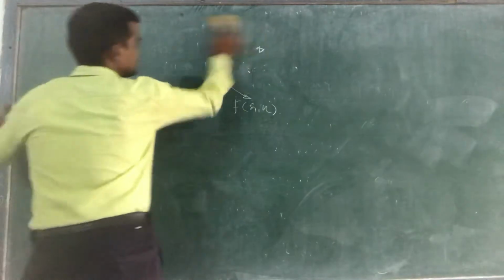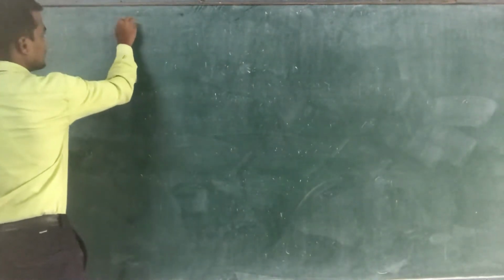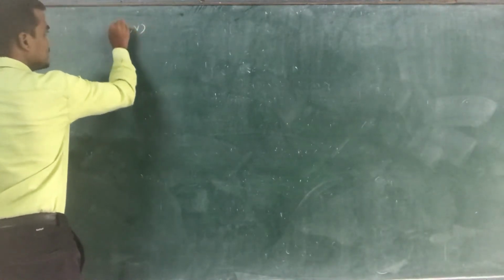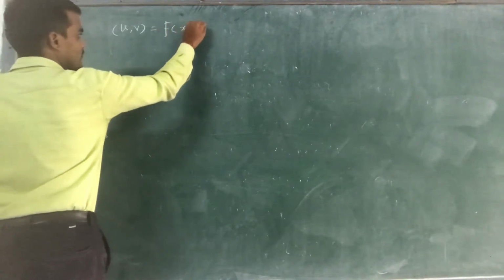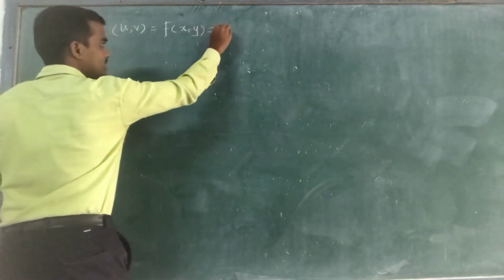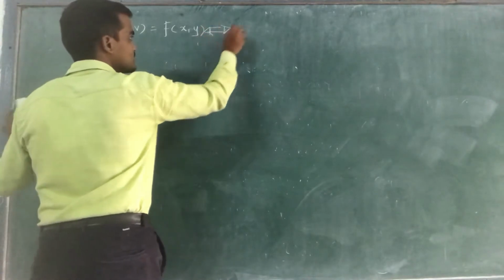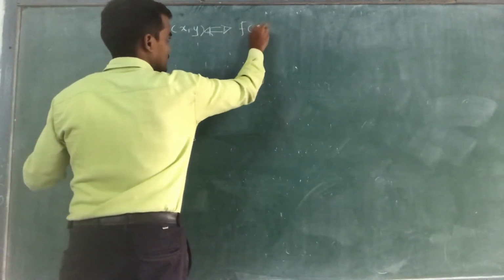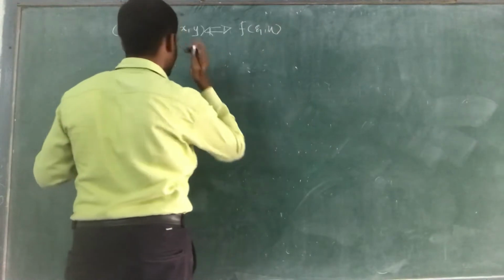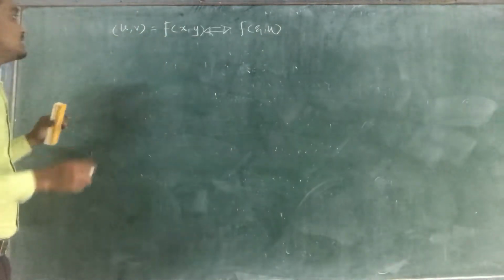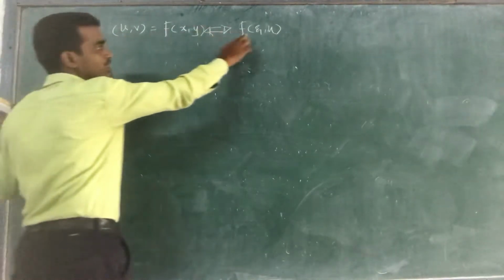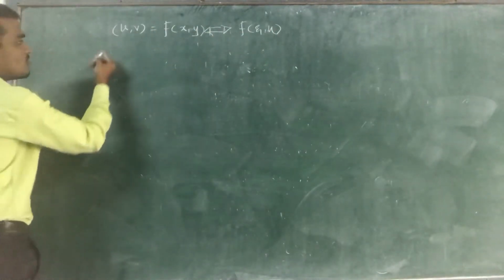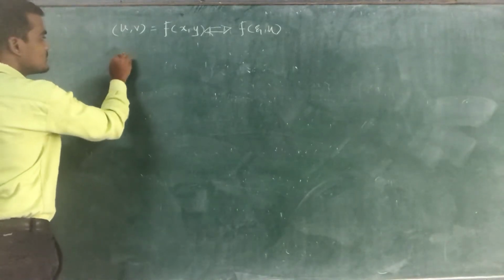As we know, u and v are functions of x and y, and x and y are functions of zeta and eta. So if we need the derivative of u and v, we need to take the partial differentiation with respect to zeta and eta. So what will be the partial differentiation?